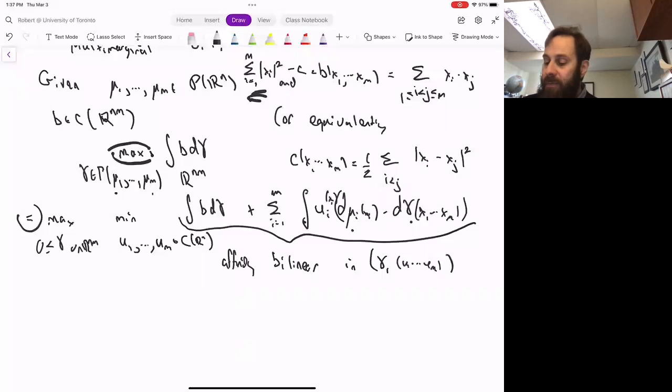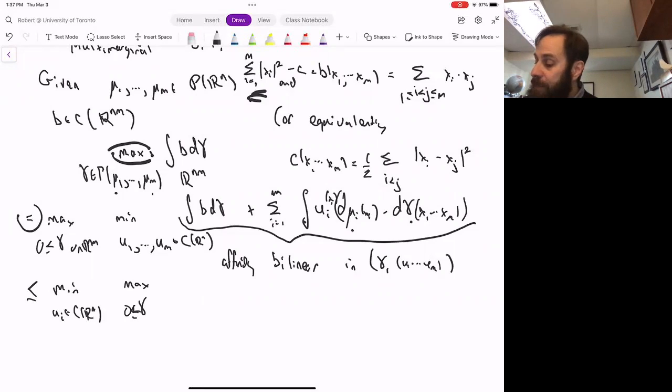This is always going to be less than or equal to what happens if I interchange the min and the max, because it's like forcing the other player to go first, and whoever has to declare their strategy first is at a disadvantage. So this inequality is always true.